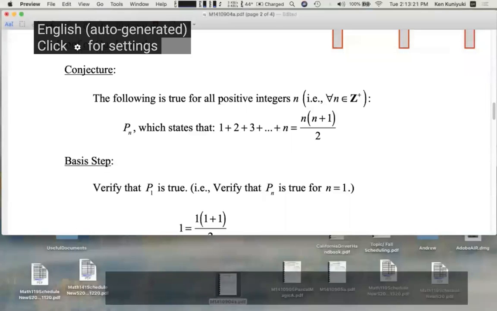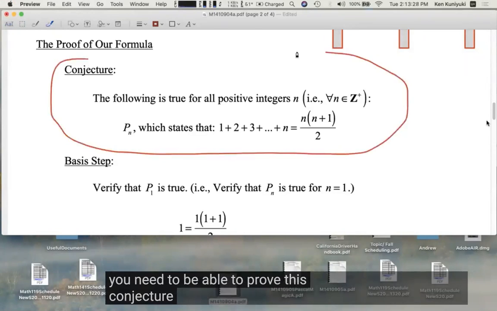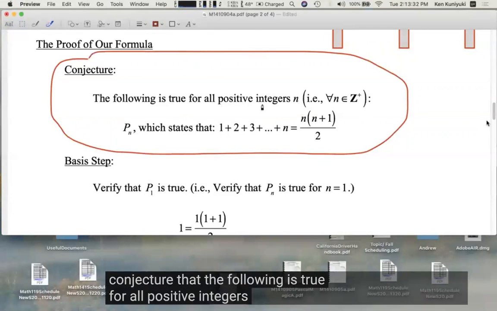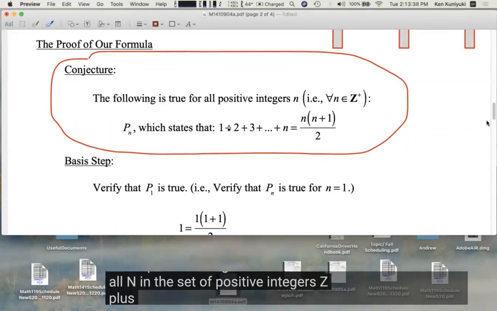So the bottom line is that you need to be able to prove this conjecture, that the following is true for all positive integers n, that is, for all n in the set of positive integers, Z plus.